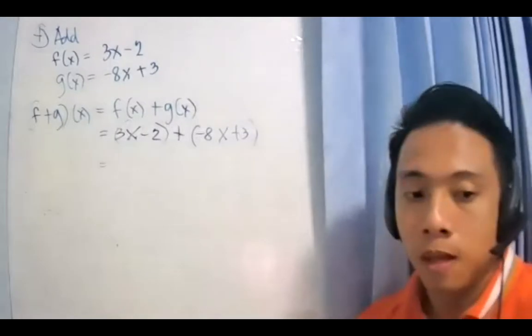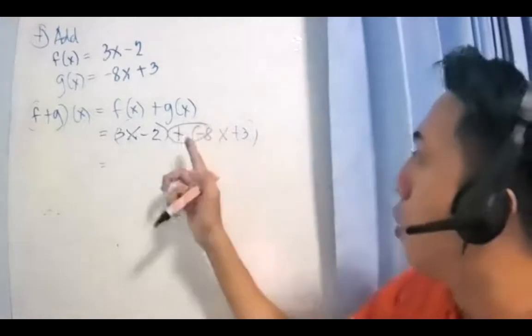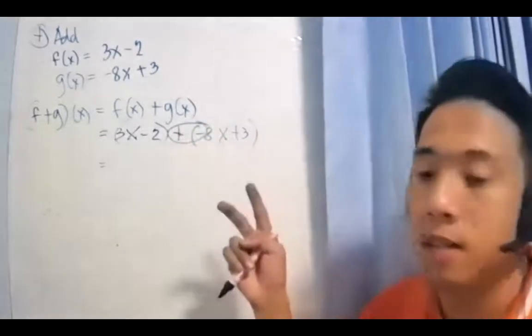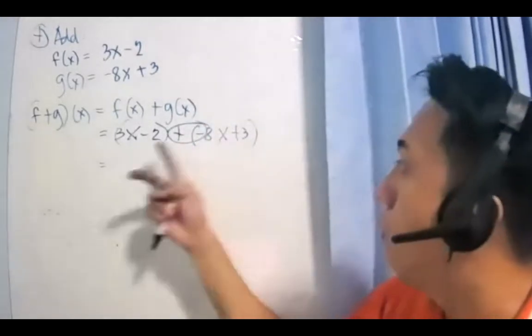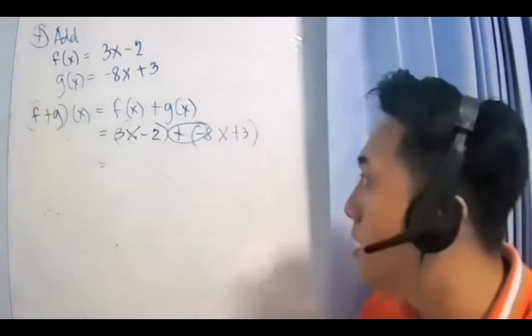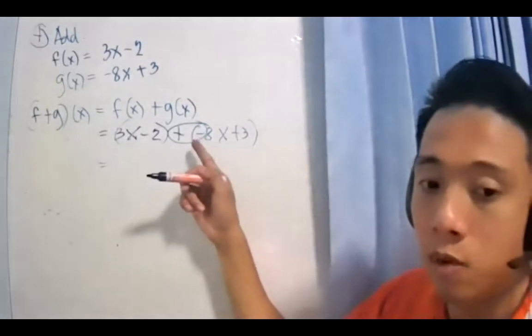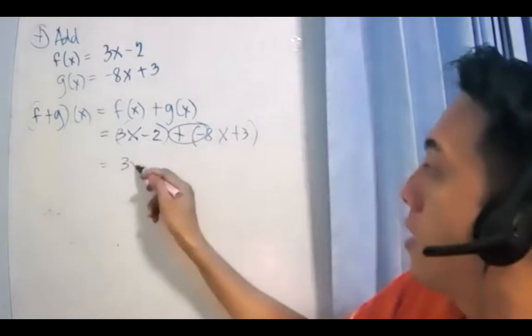Okay? If we have two signs between our variables here, we need to finalize this one first. So I will copy 3x minus 2.